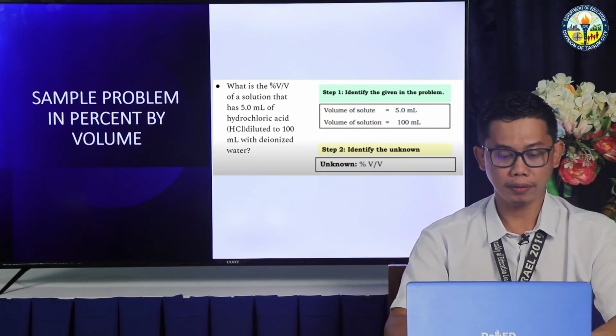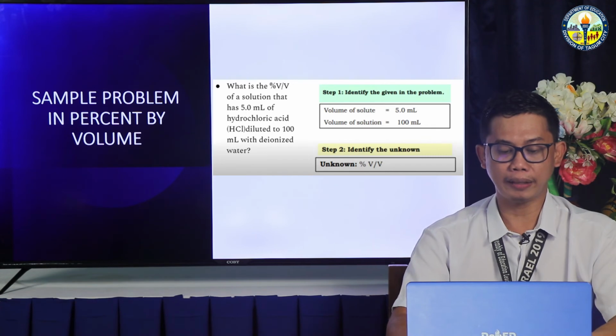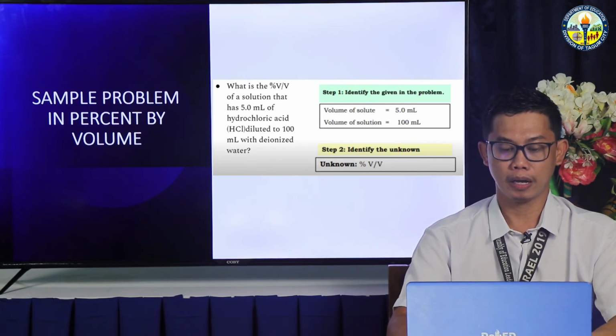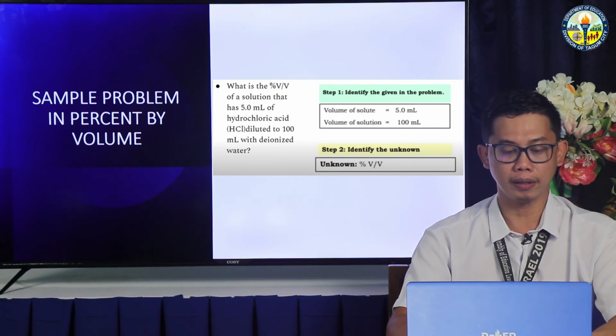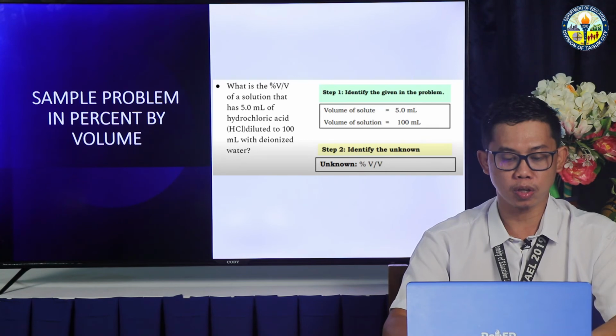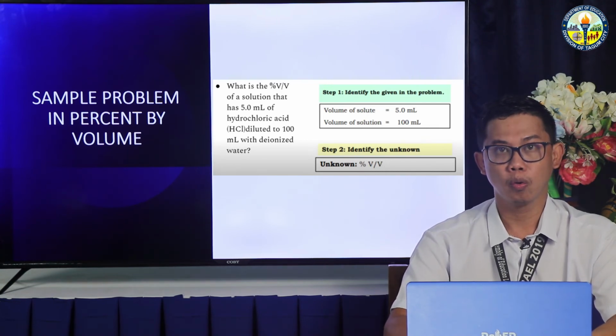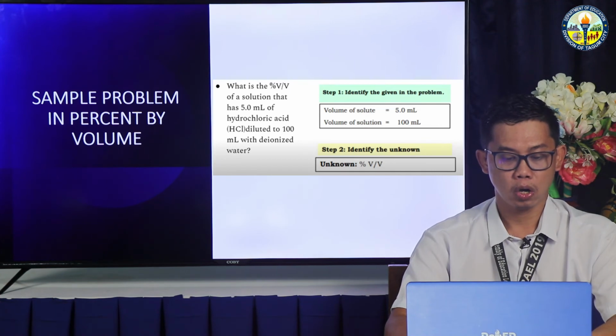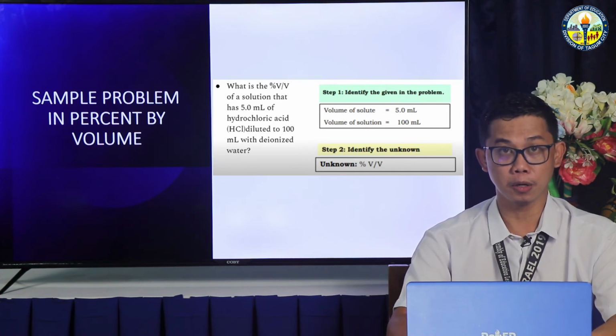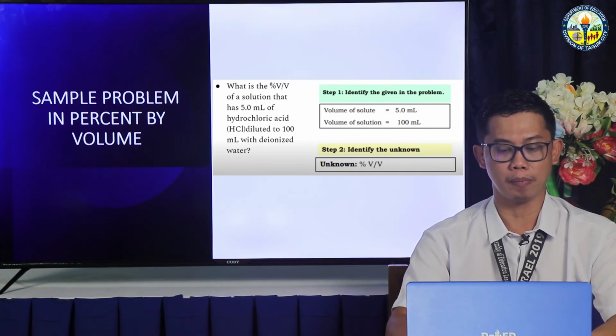For step 1, we need to identify the given in the problem. That is, the volume of solute is equal to 5.0 ml and the volume of solution is equal to 100 ml.